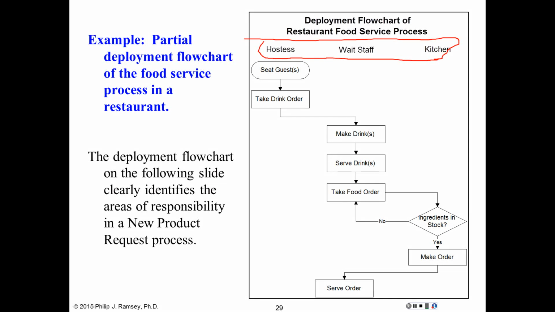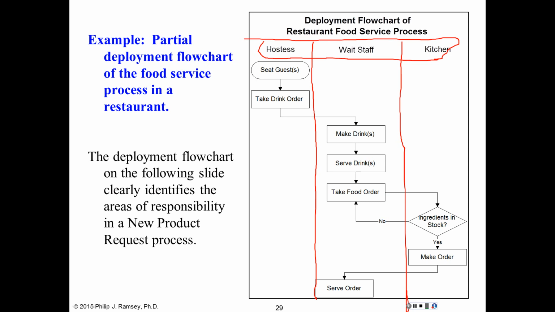So notice here, we start with something simple, a restaurant providing food service. So I'm going to draw these lines. And by the way, that's why these are called swim lane charts, like an Olympic swimming pool with swimming lanes. So this covers each jurisdiction as you move along the process.